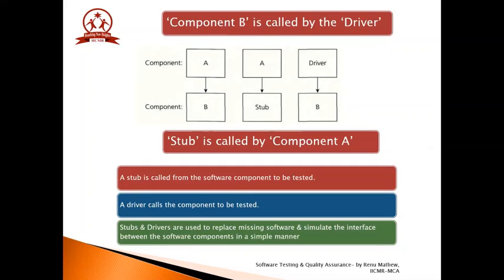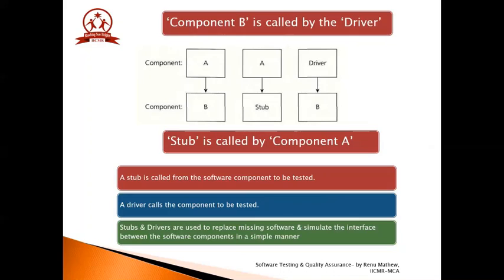Now let us consider the reverse case. The developer has developed the component B and wants it tested. But in order to completely test the component B, it needs to be called by the component A and which is not yet developed. In that case, component A will be replaced by a driver.